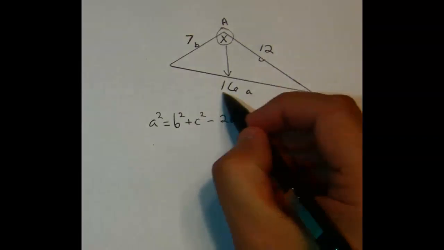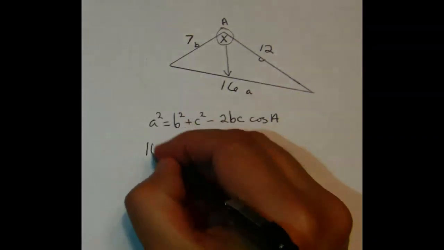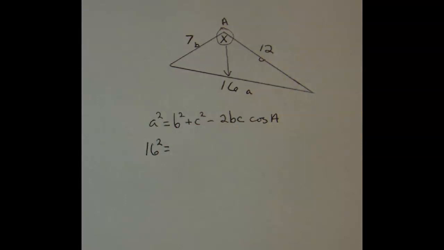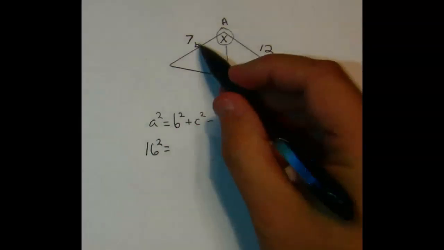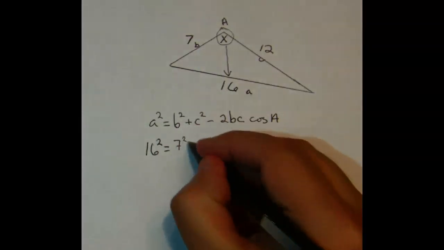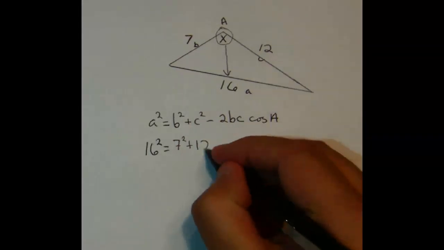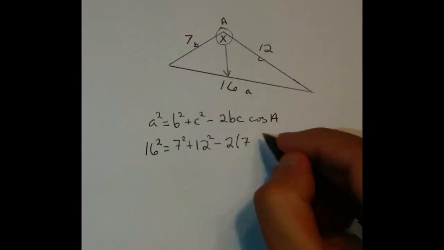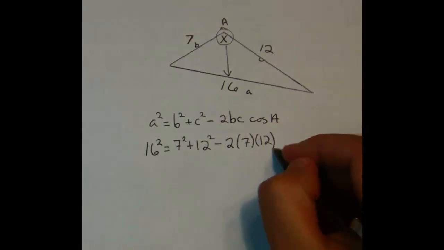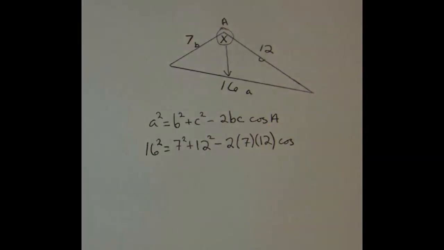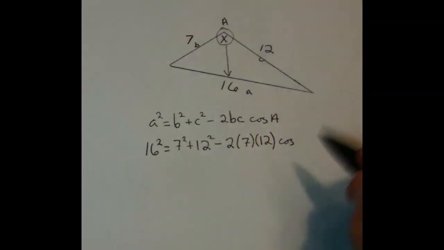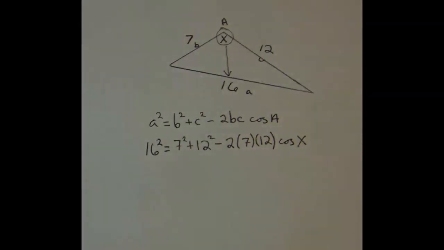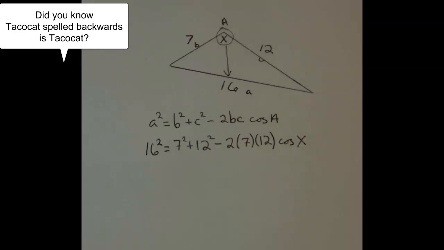In the place of little a, I have 16. So 16 squared is equal to 7 squared plus 12 squared minus 2 times 7 times 12 cosine. Now I don't know what x is. That's what I'm solving for, so we're just going to put x right there.